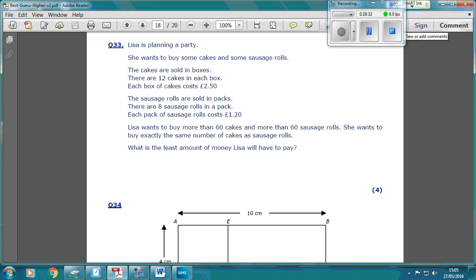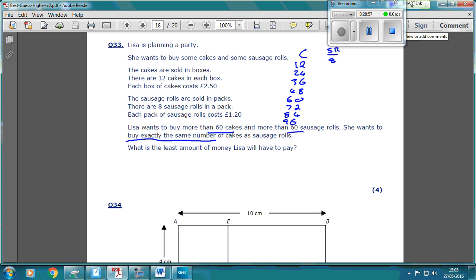So what we need to do is find a number that 12 and 8 both go into, because she wants the same amount. So she wants to buy exactly the same number, but it needs to be more than 60. So if we have a look at the cakes, 12, 24, 36, 48, 60, 72, 84, 96. Now let's try the sausage rolls.